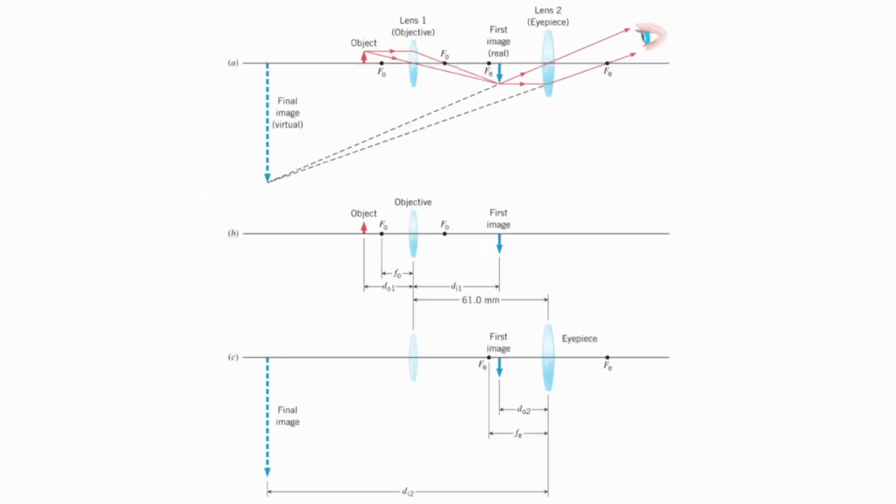So what happens if the first real image is still on the front side of the eyepiece? But what if the first lens created an image on the back side of the eyepiece? This is where you would have to have a negative object distance.